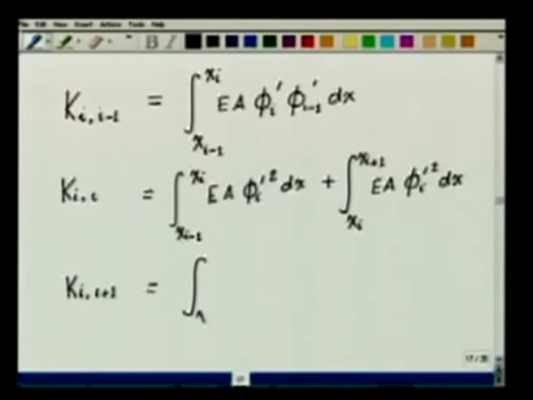So what we'll have is the integral from x i to x i plus 1 of E a phi i plus 1 prime phi i prime dx. These are the only 3 column entries of the ith row which are going to be non-zero.